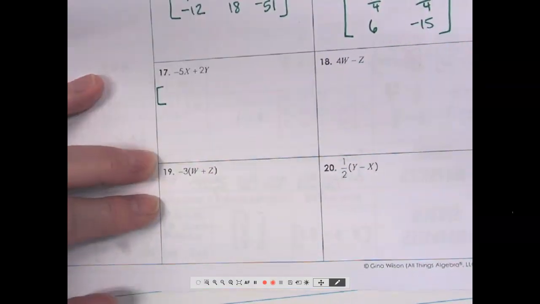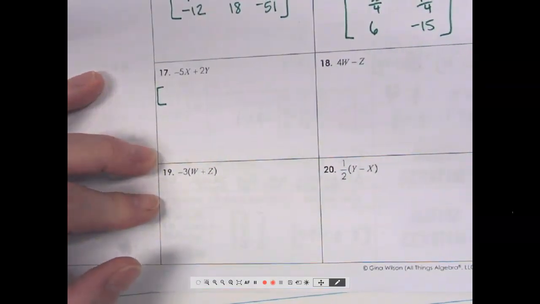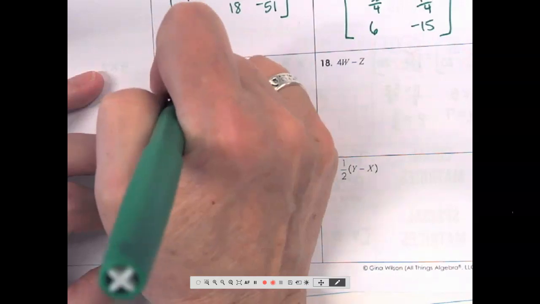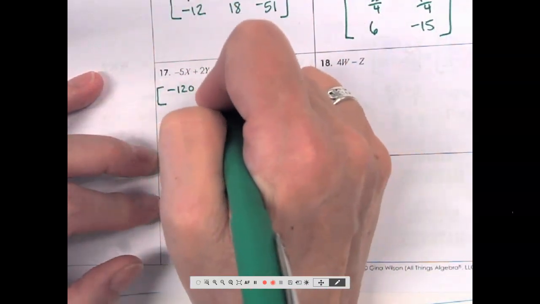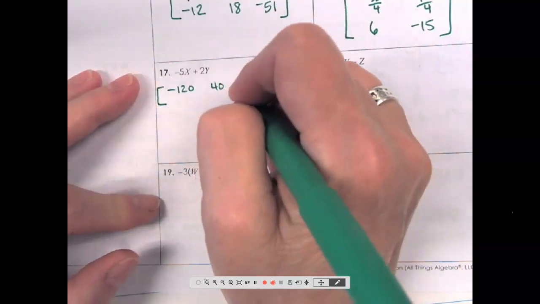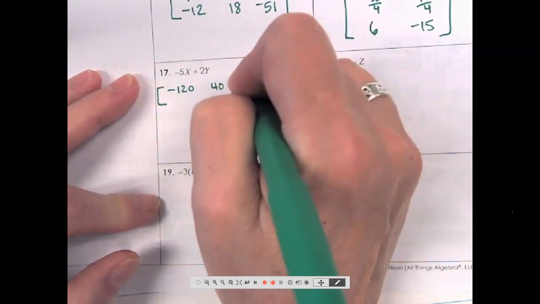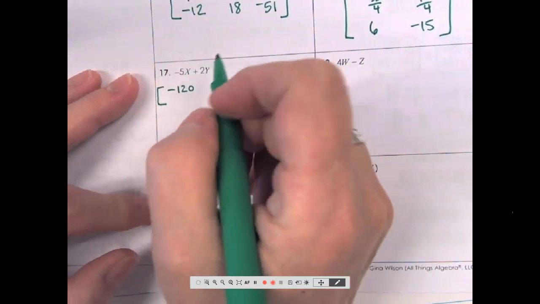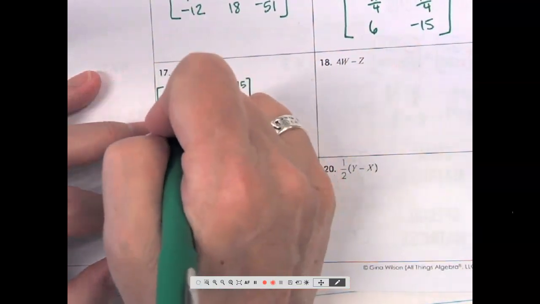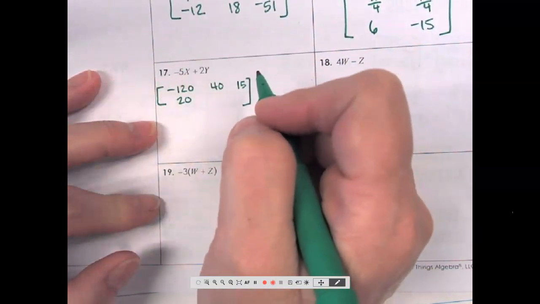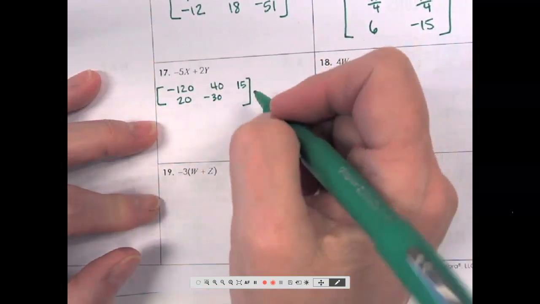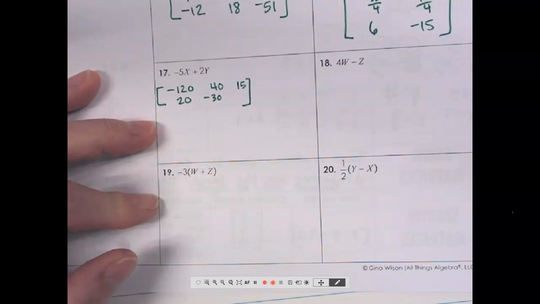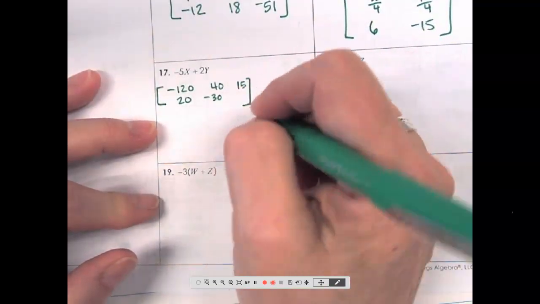So 24 times 5, that's going to be a negative 120. Positive 40, y'all stop me if I make a mistake, 15. Then I will have 20, negative 30, and 17 times 5, 85.